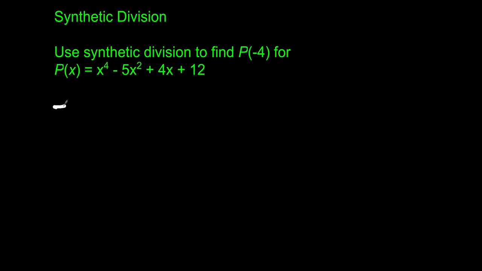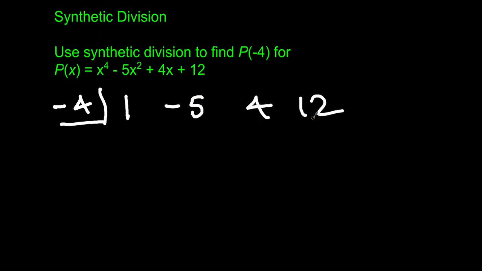Alright, now let's solve that with synthetic division. We need to write out all the coefficients, and if I did it like this, I would make a mistake, and here's why. The value for x cubed isn't shown. You go from x to the 4th to x squared. You skip x cubed.